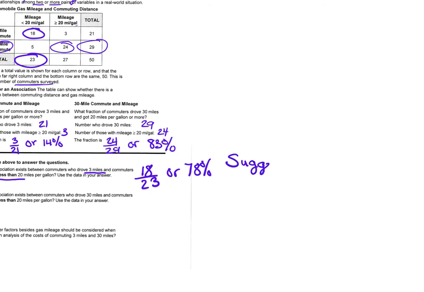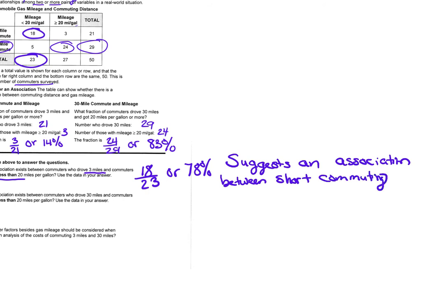So I'm going to say it suggests an association between short commuting distances and poor gas mileage.